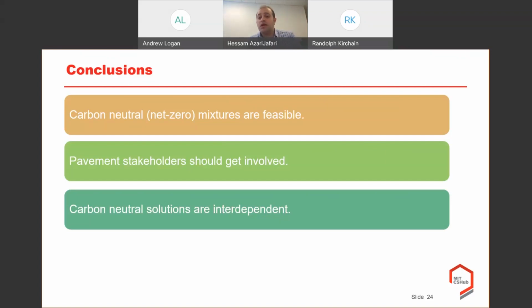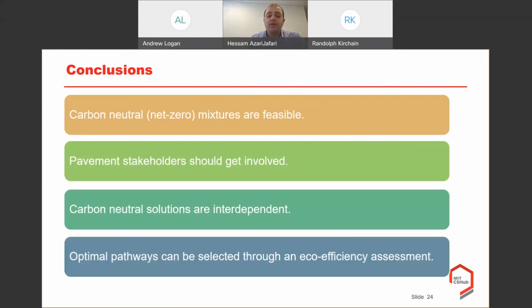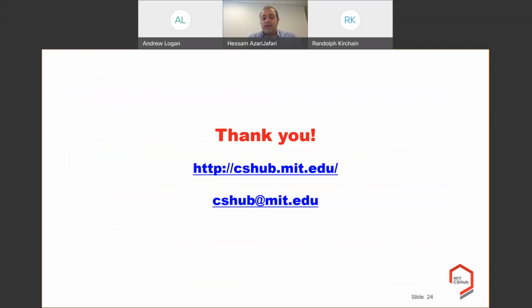So once we are analyzing them together, it's very important to consider the implementation prioritization here. And the optimal pathways can be selected through an eco-efficiency assessment, like I showed you in the GHG abatement cost curve as well. With that, I would like to thank you for joining this presentation, and I'd be happy to take any questions as well.